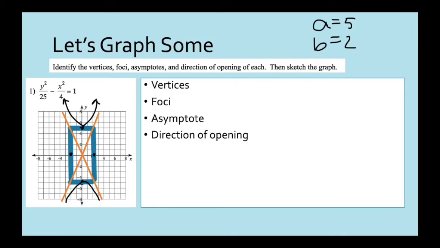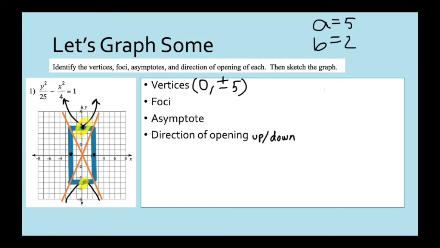We're going to write that it is an up-down hyperbola. Now let's do the rest. Let's do our vertices. We have two vertices. We have one right here, which is at 0, 5. We have another one right here with 0, -5. You can write it as two ordered pairs, or you can write it as one: 0, plus or minus 5.